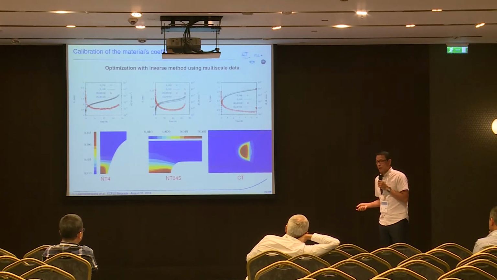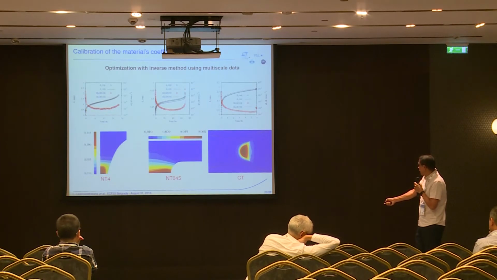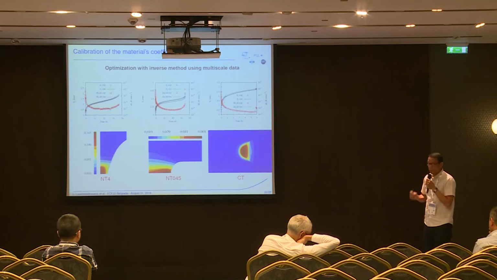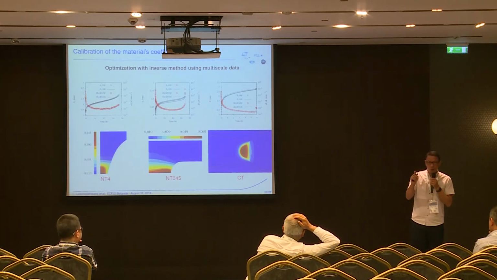We can see here, for instance, the total map of this porosity, maximum in the center for the NT4, maximum here for the NT045, and for the CT specimen, we can see the necking in the thickness, so reduced thickness here, and the maximum void volume fraction is at mid thickness and also at a small distance from the notch radius.